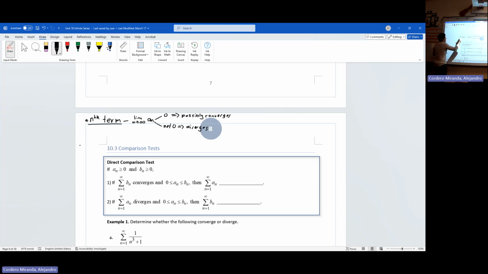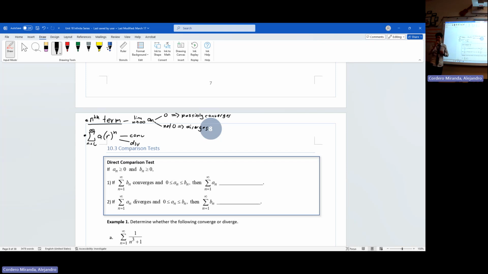Then you learned this baseline series, the geometric series, that we know converges if, okay, converges if what?